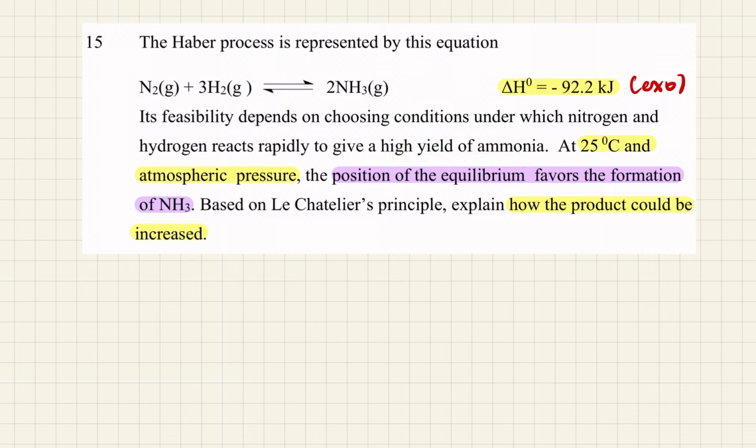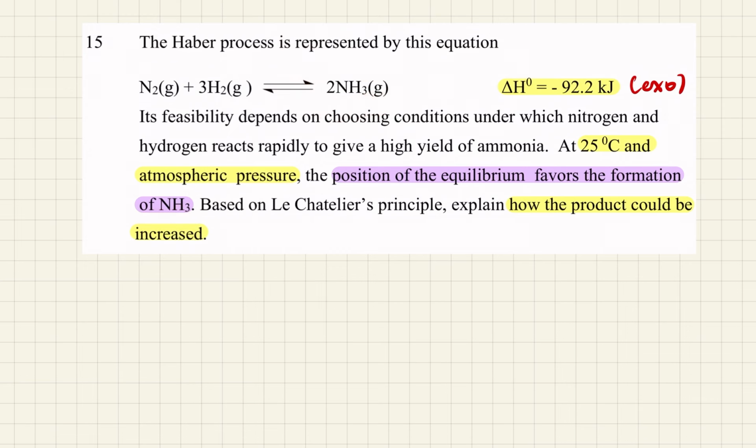So at 25 degrees Celsius and atmospheric pressure, the position of the equilibrium favors the formation of NH3. So maksudnya at 25 degrees Celsius, okay, and atmospheric pressure, position of equilibrium will favor the formation of ammonia. Okay, maksudnya awak punya equilibrium shift to the right.